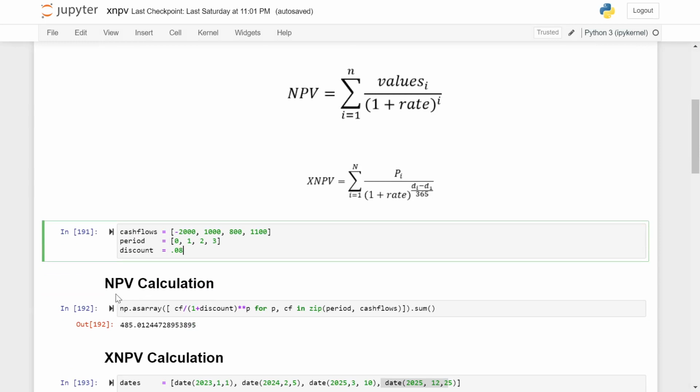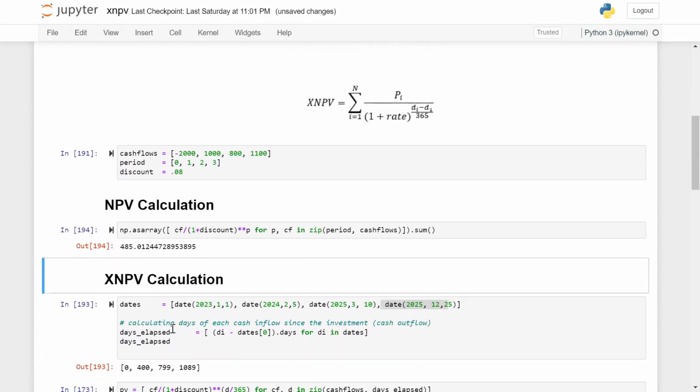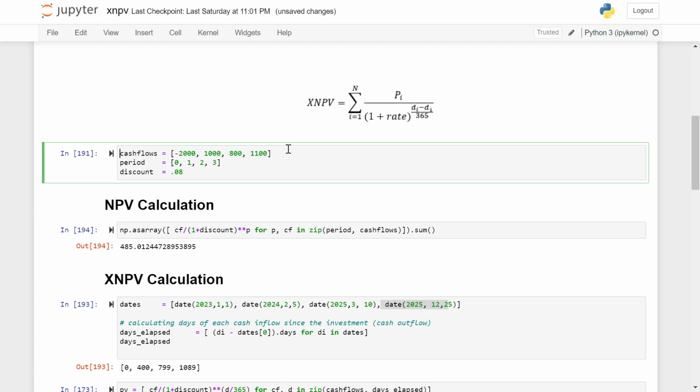Now we will calculate NPV. Let us do the calculation. This is 485. Good.